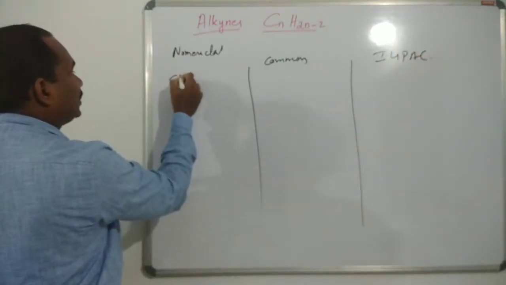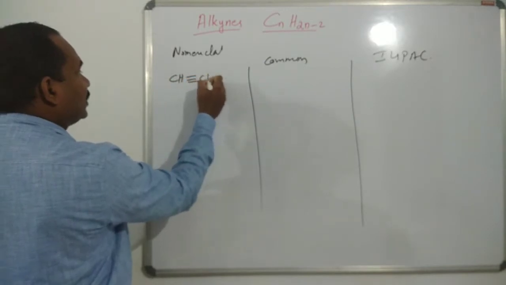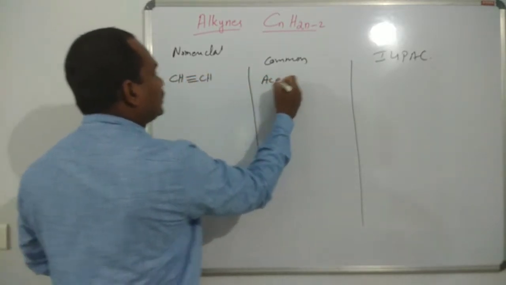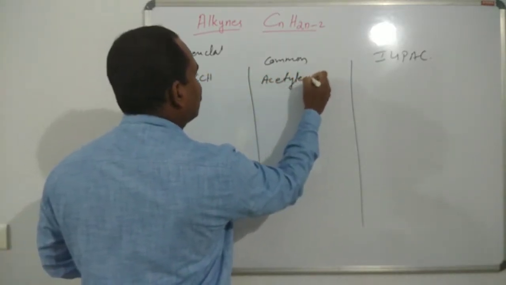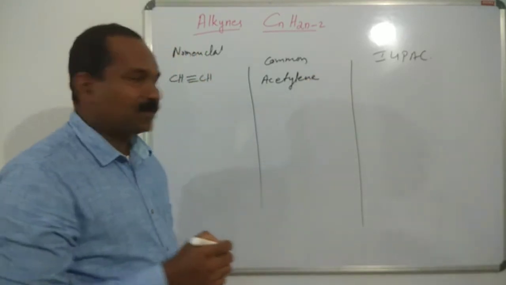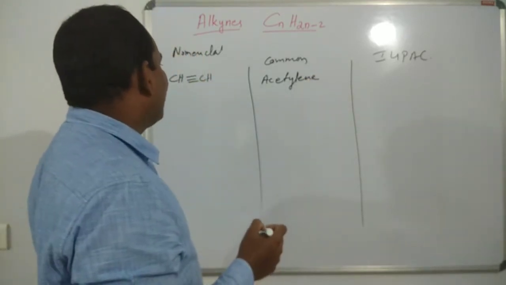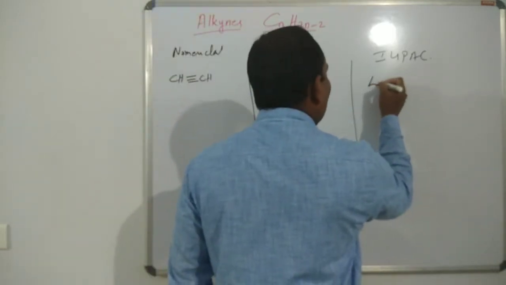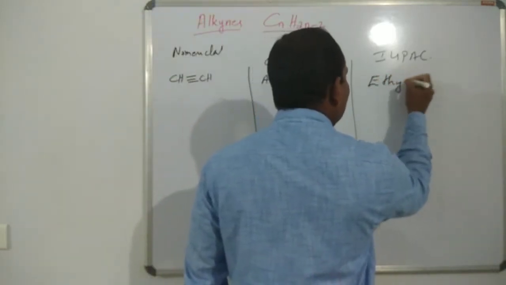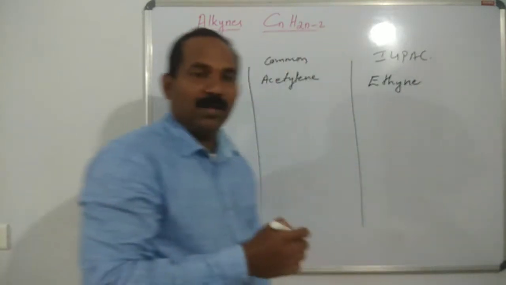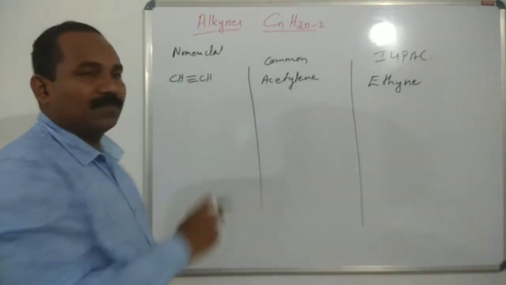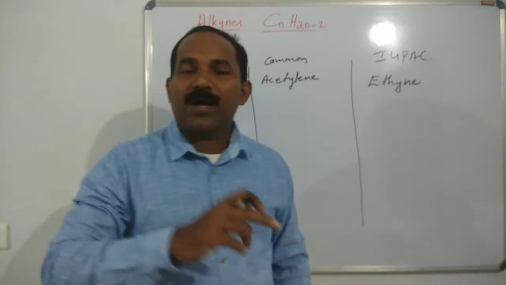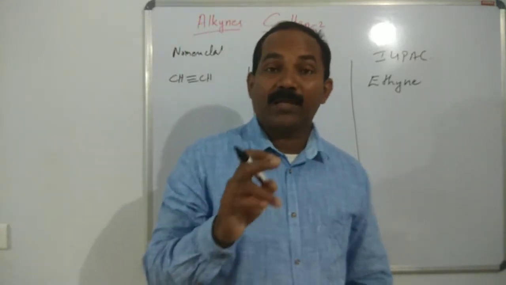First molecule, CH triple bond CH, is known as acetylene. And the IUPAC name is ethyne: two carbon atoms, so eth, and for alkynes, yne.